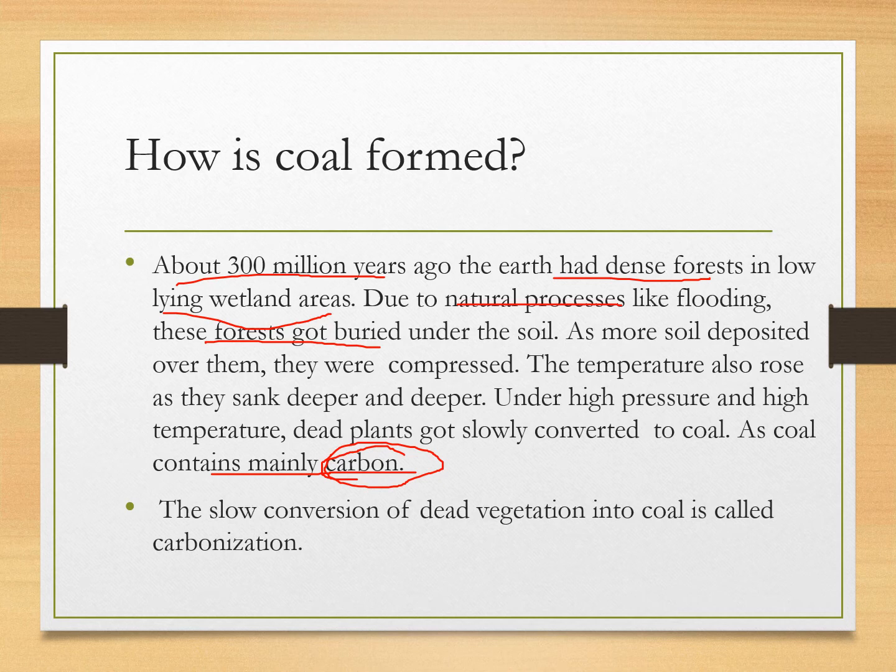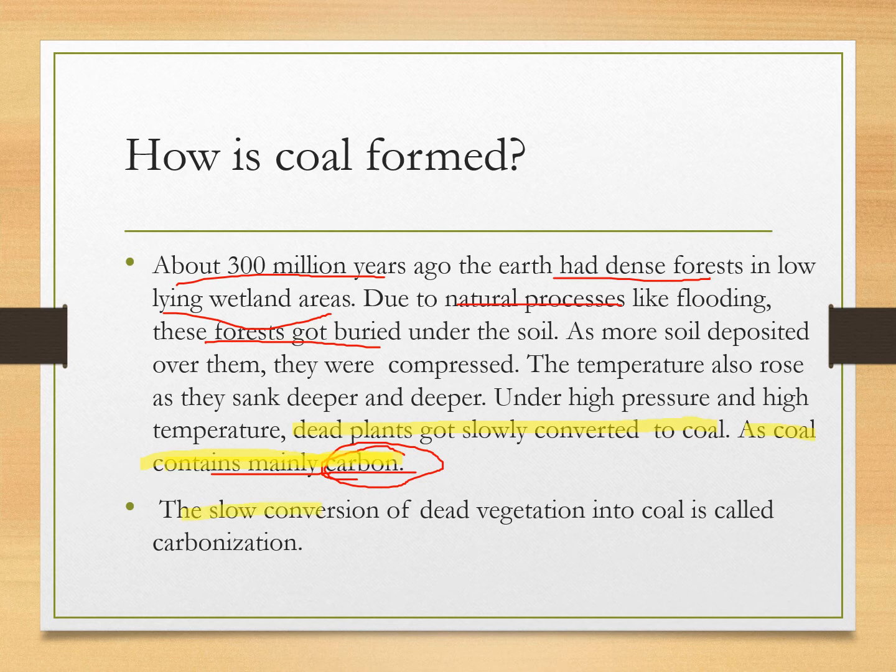So when they were compressed under high pressure and high temperature, the dead plants slowly converted into what? Into coal. So remember this: coal mainly contains carbon.